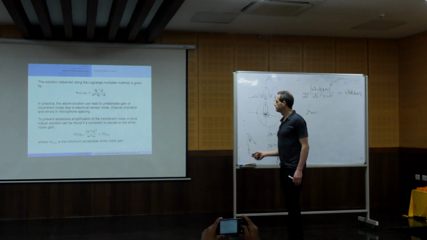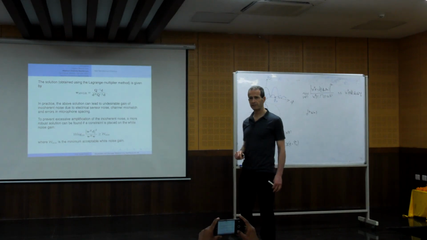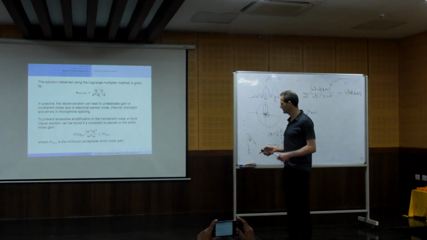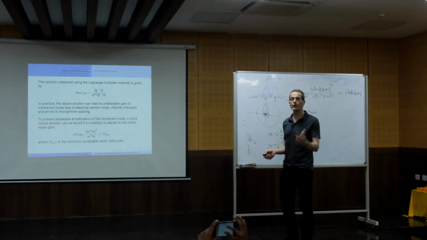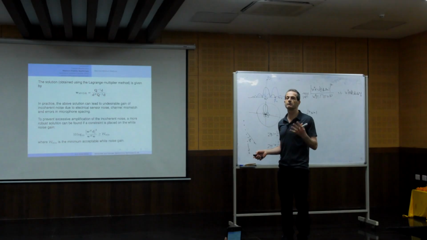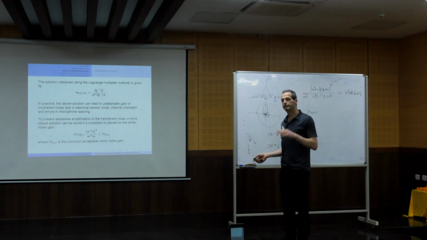And one of the problems of MVDR and also maximum directivity factor is that when we try to maximize the directivity, or find the minimum variance distortionless response, we get very low white noise gain.